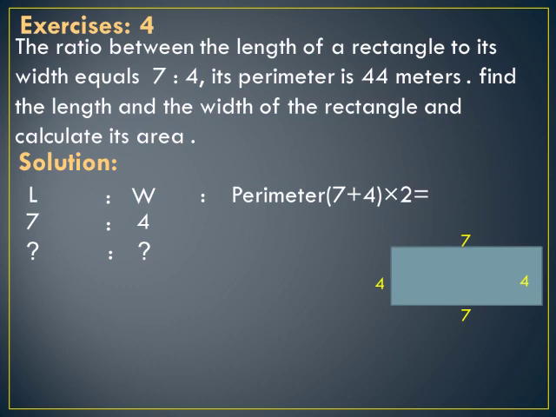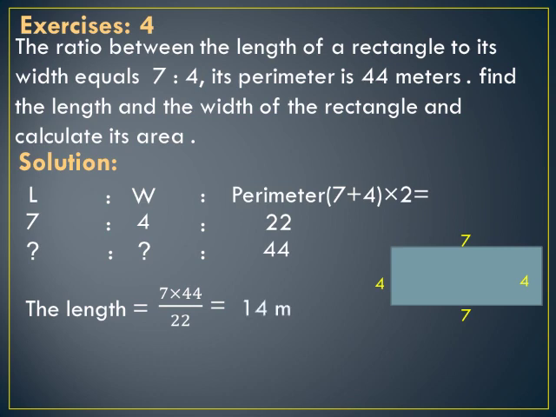We make the sum by 2. Instead of sum, we put perimeter. We get 7 plus 4, 11, by 2 equals 22. Under 22, we put the value of the perimeter, which is 44.